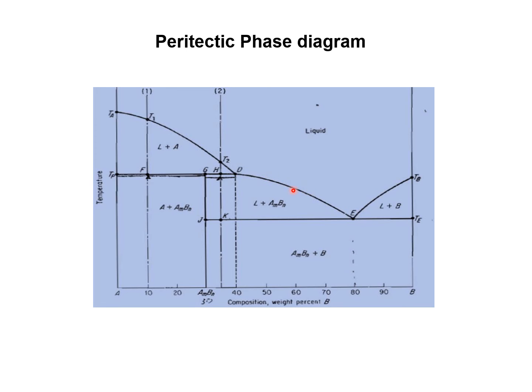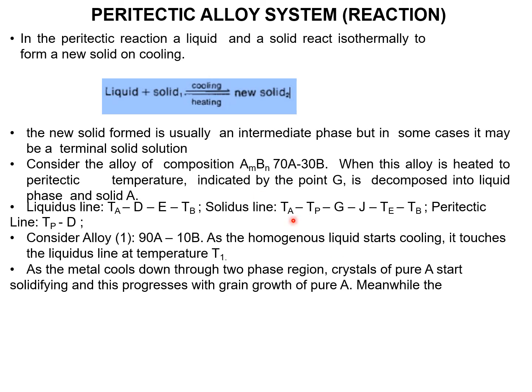Coming to this side, liquid is there but the liquid percentage is very low, plus this compound AmBn. On the right side the B percentage is very high: liquid plus B. Once it crosses this eutectic point, we have this compound plus solid B. So this is about the peritectic reaction.